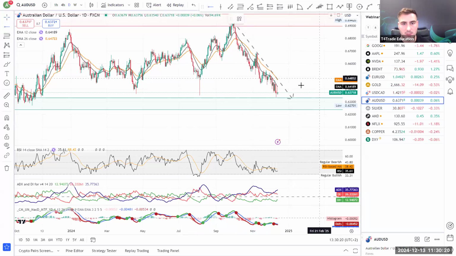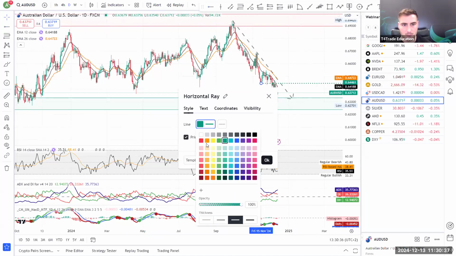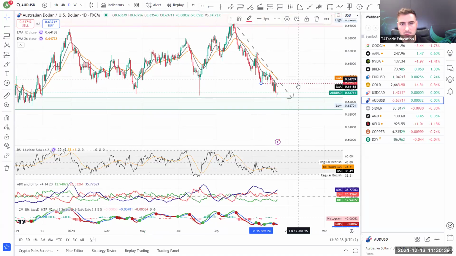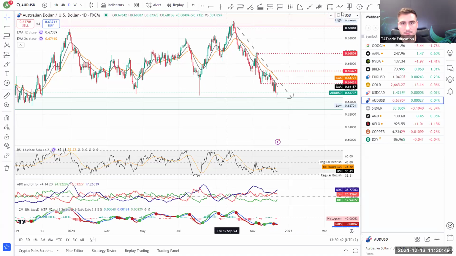Where possible resistance areas can be found after we possibly see a reversal or a rebound, because we could reasonably expect that after these kinds of events have taken place. Now, one is going to be somewhere in here. It's going to be a resistance, so I'm going to mark it as red. Another one is going to be up there, and possibly the other one is going to be right at this former lower high.